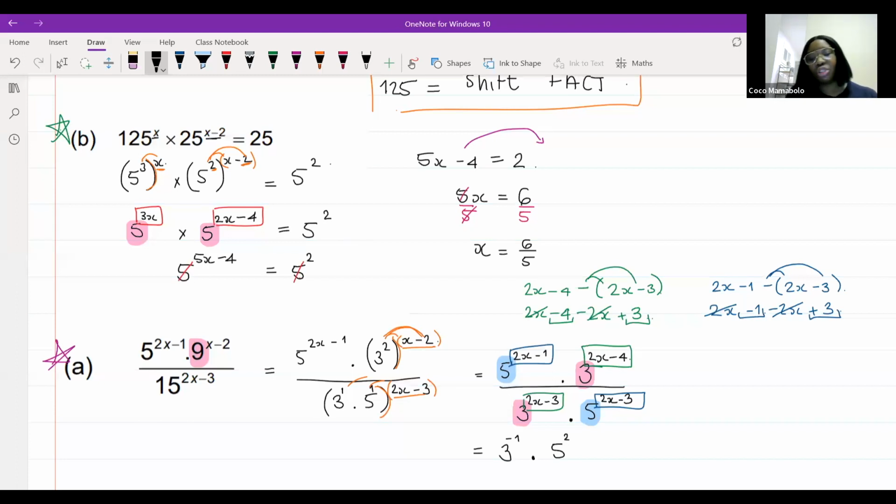So I'm going to punch this into my calculator. What answer do I get? Negative 1 times... 8.33... 25 over 3.